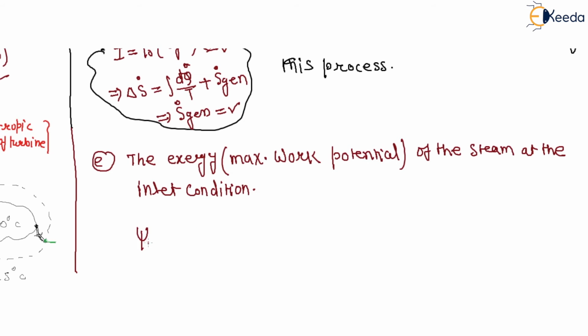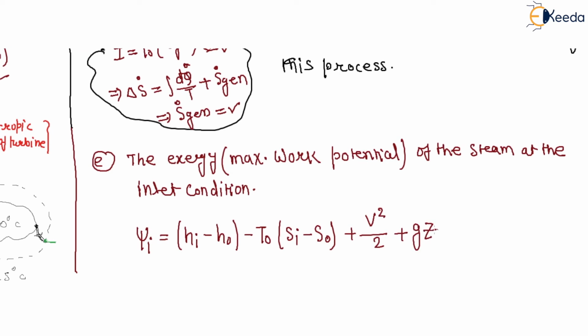At the inlet condition it is Psi i. You may write it as Hi minus Ho minus To times Si minus So plus V square by 2 plus gZ. Very important. This is the exergy for control volume.